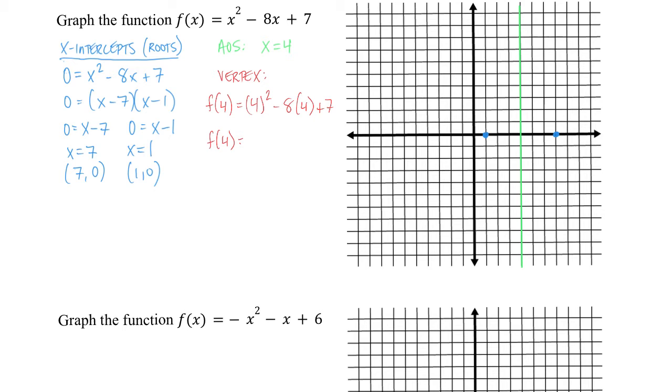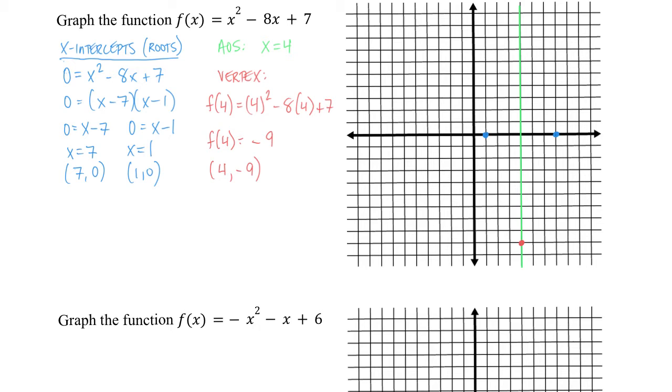I would go ahead and put this whole thing in your calculator. So I'm going to get 4 squared minus 8 times 4 plus 7, and that's going to be negative 9. So that means my vertex has an x value of 4 and a y value of negative 9. And that's 1, 2, 3, 4, 5, 6, 7, 8, 9. There's my vertex. Okay, well, I'm starting to see the shape of the parabola here.